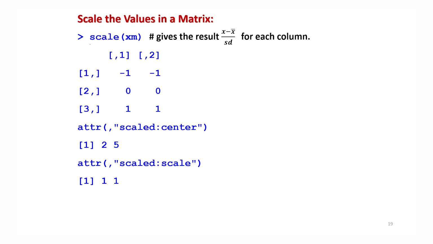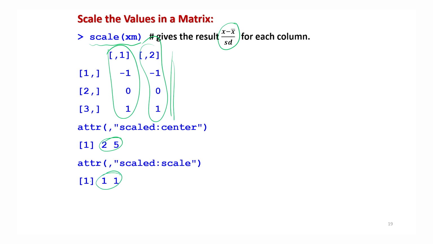Now I try to repeat the same thing I have done earlier for the matrix data also. First I use scale(xm), so it will give you these values, that is, x minus mean divided by standard deviation for each of the columns. This is for the first column, this is for the second column. And these are the column means, and these are the standard deviations for each of the columns.